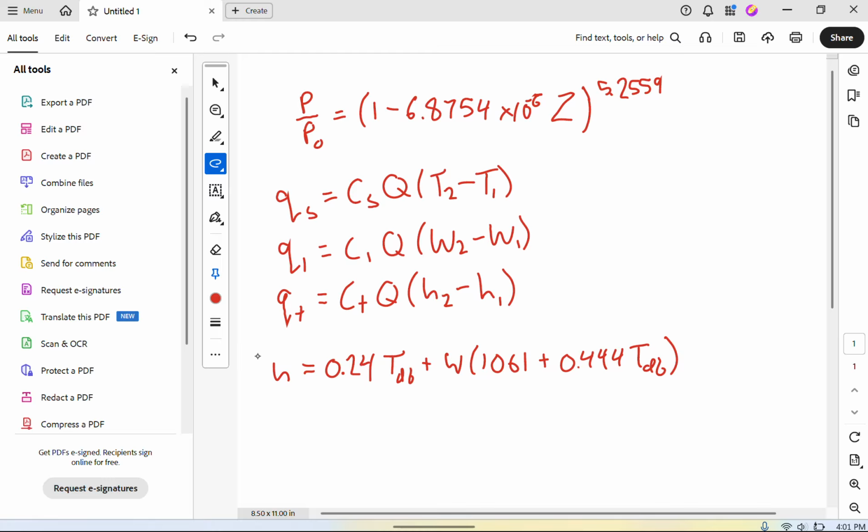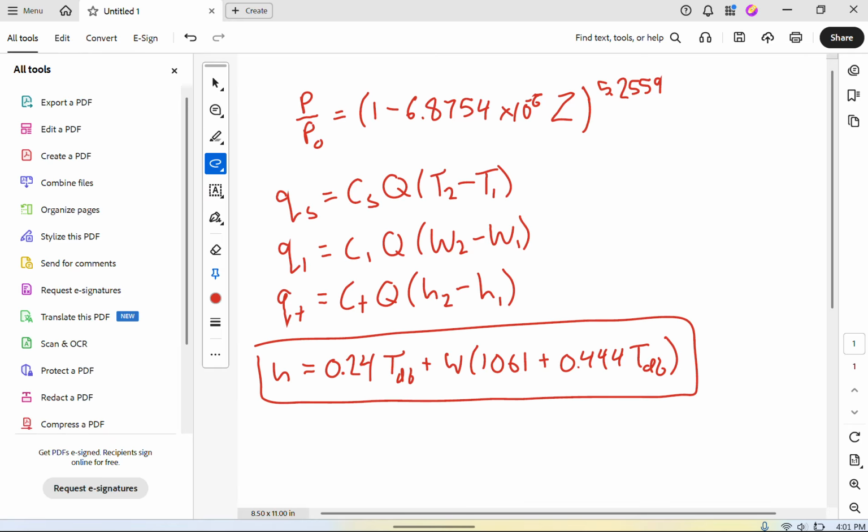So this is a really nice equation to have because, again, you can deduce one of the three variables from the other two. So for example, if you knew some entering state 1 and you have, let's say, dry bulb temperature and humidity ratio, you can then determine your enthalpy.